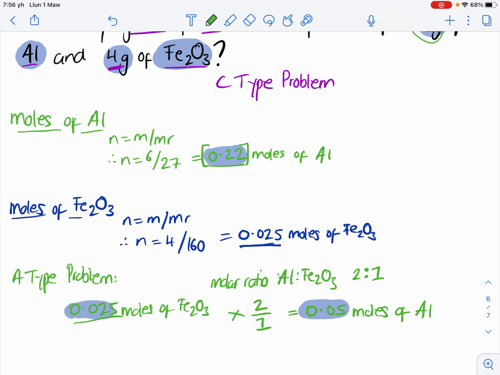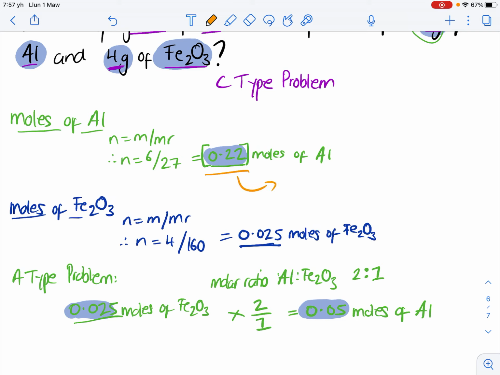Well, I actually have in my reaction mixture 0.22 moles of aluminium. So I have way more aluminium than I actually need. In other words, aluminium is not going to be used up as part of this reaction mixture. There's going to be some left over at the end because I have so much.